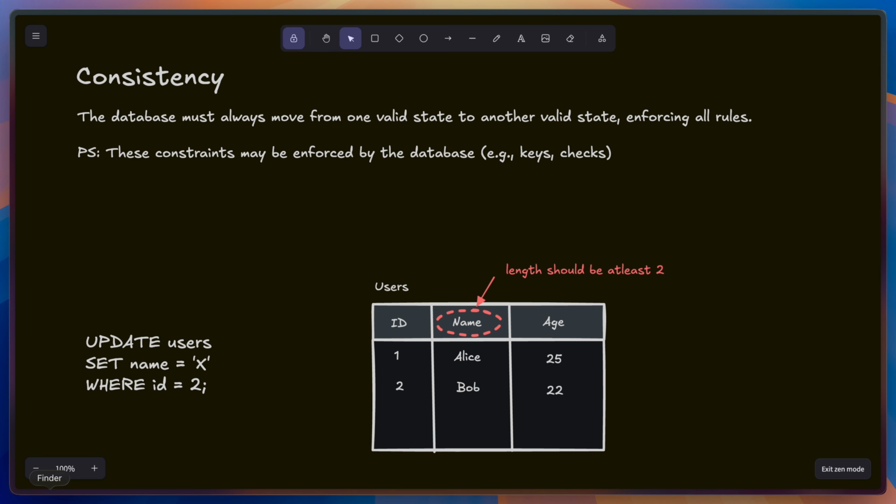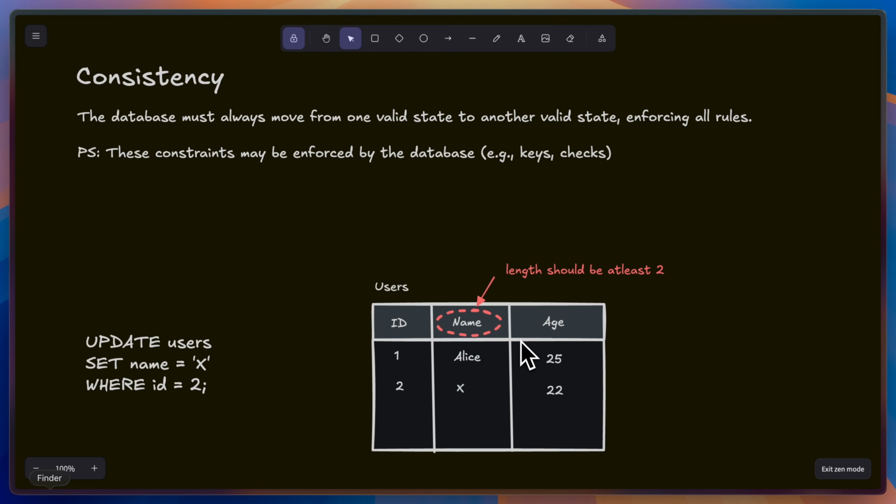So what the database will do is, while moving from one state to another state, currently this is the state of the table, while moving from this state to a new state like this, it will check all the constraints which we have defined. Over here, one of the constraints said that the length of the name should be greater than or equal to 2, which is getting violated.